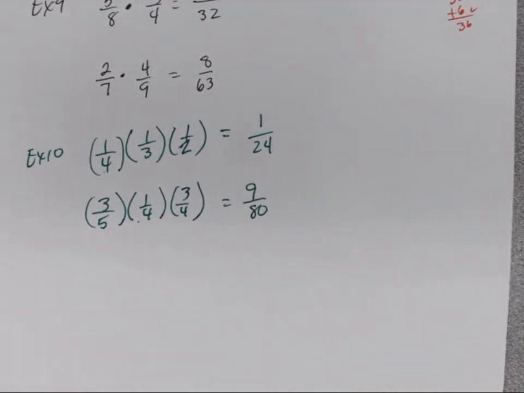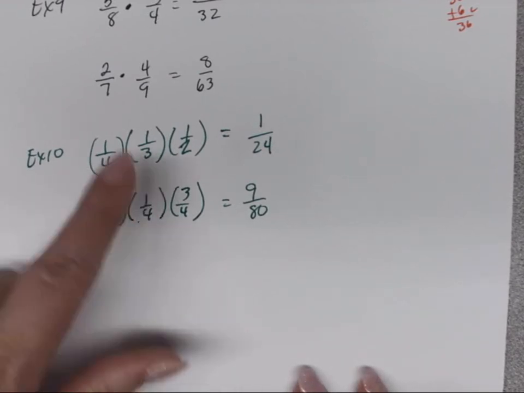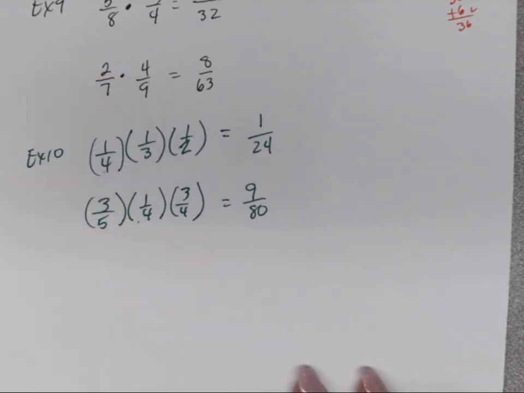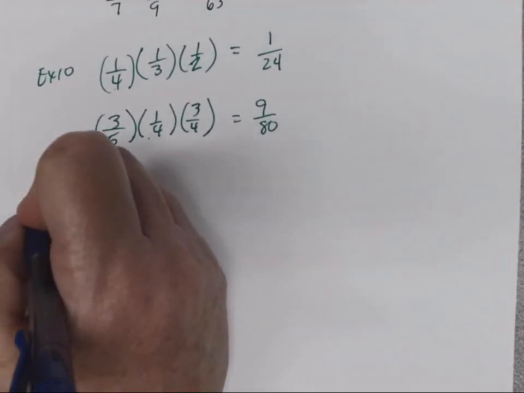So you just have 3 fractions instead of 2, and you're just multiplying across. Parentheses next to each other is the same thing as a dot or an X. I try not to use X's when we're doing multiplication because sometimes when I'm teaching different courses, X is a variable. So I try not to use X as multiplication in math because then it makes it a little less confusing. All right, let's look at our last couple of examples here.